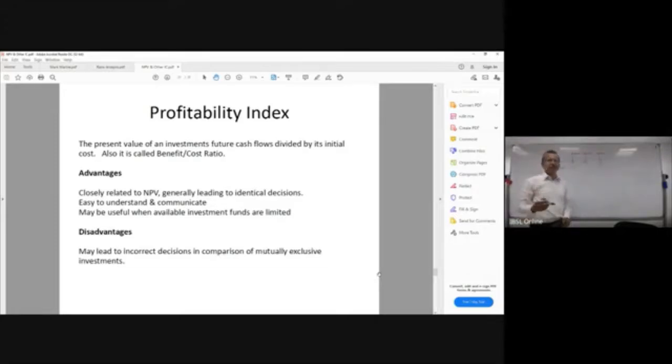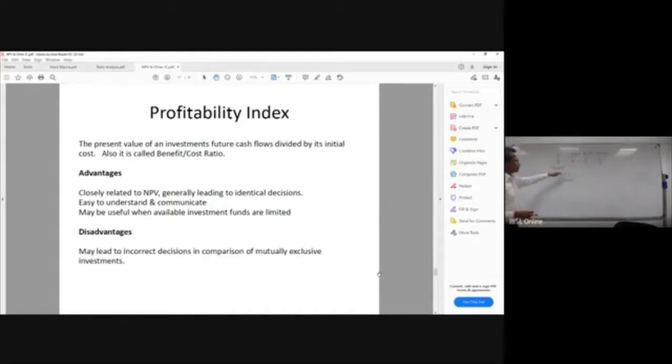Future cash flows divided by the investment. So we take these three, discount at our required rate of return, and bring it down to present value and divide by 100,000. It is very similar to net present value, because in net present value, we take the investment and add to the present value.